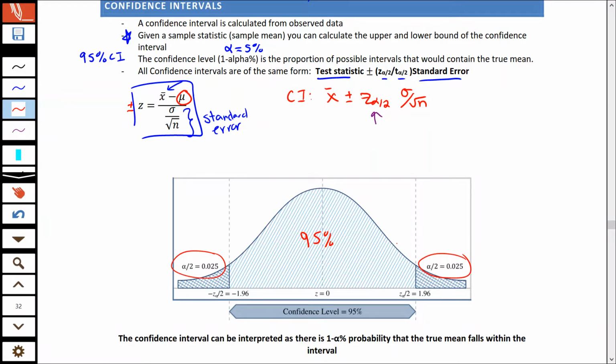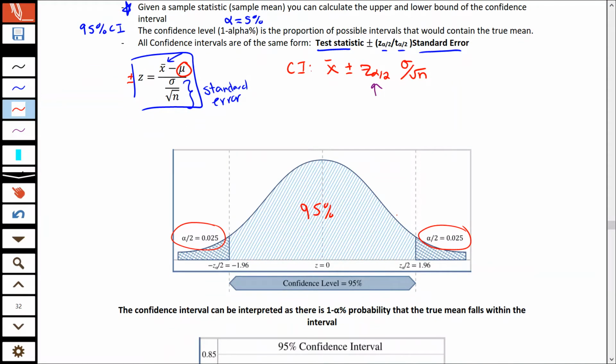We're always going to divide it by 2. It's always symmetrical. And so to come up with the Z value that marks the spot, on one side it's positive and on the other side it's negative. It's why we have this plus or minus in our formula.